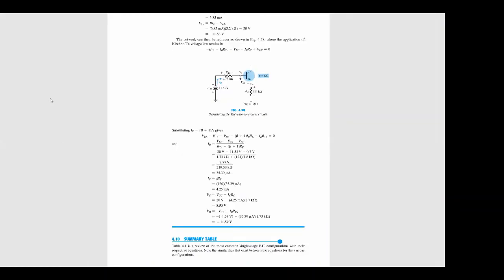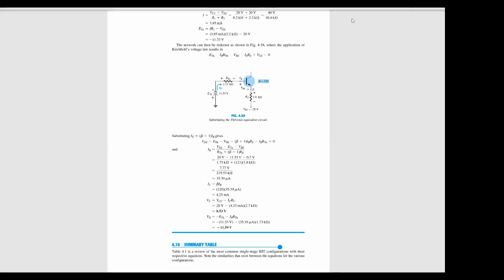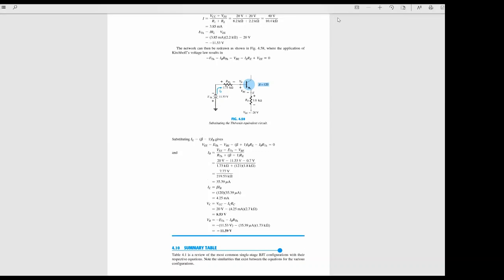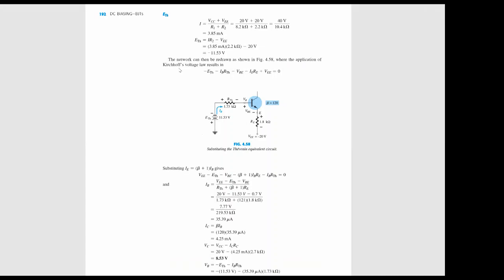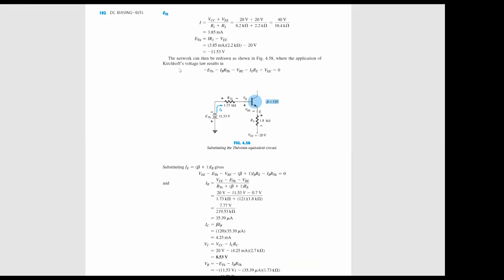So applying KVL to this loop, if you see, we have this equation which is coming up.